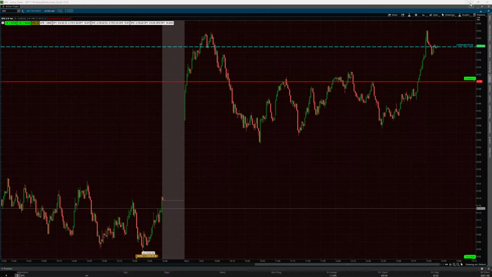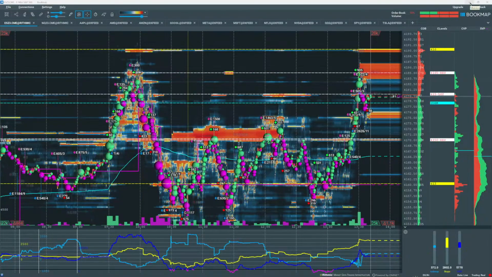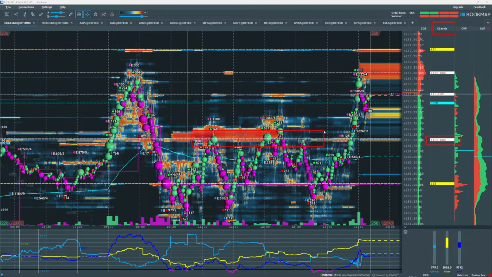All right, let's take a look at Bookmap now. Go back to ES futures. So in the ES futures, I have my own cloud notes, so I can show SPX levels as well as SPY levels. So there's that SPX 4150 level that I pointed out, that it acted as resistance 3 times earlier today, or 4 depending on how you look at it.